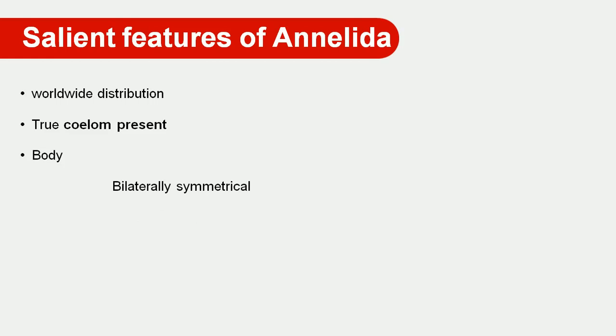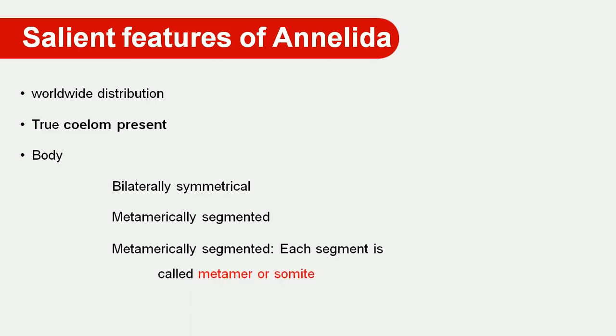This worm-like body can be divided into two equal halves, and therefore they are bilaterally symmetrical. Each body segment is very distinct and separates very easily, with ring-like structures connected together, each segment looking like one ring. This is commonly called metameric segmentation. In metamerically segmented animals, each segment is called a metamer or somite.